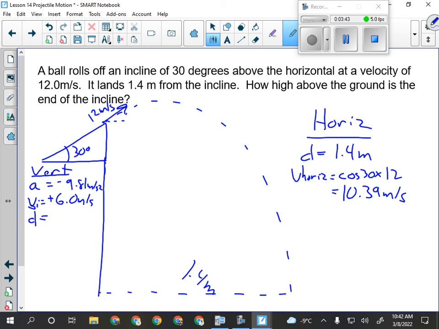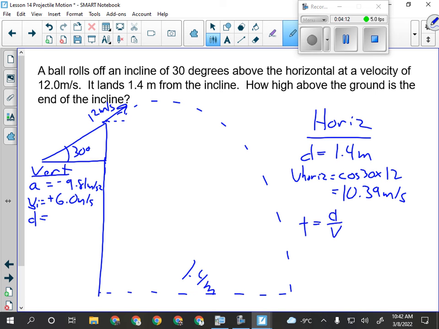I can't get VF with the information I have right now. I can get T. I can get T using the horizontal information, right? I calculated how fast it's moving horizontally, and I know how far it went horizontally. It landed 1.4 meters from the base of the incline, which means it only traveled 1.4 meters horizontally. Okay? This thing was not in the air very long. This incline is probably not very high off the ground. Okay? So I can calculate T.